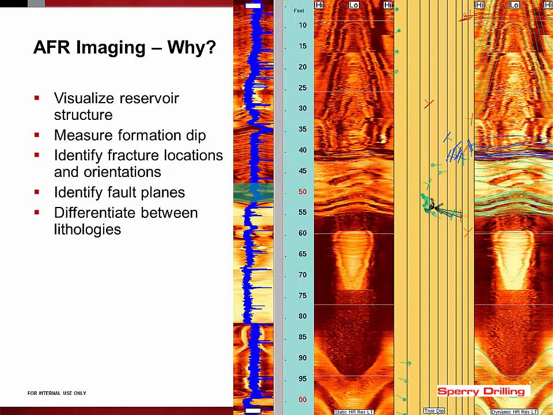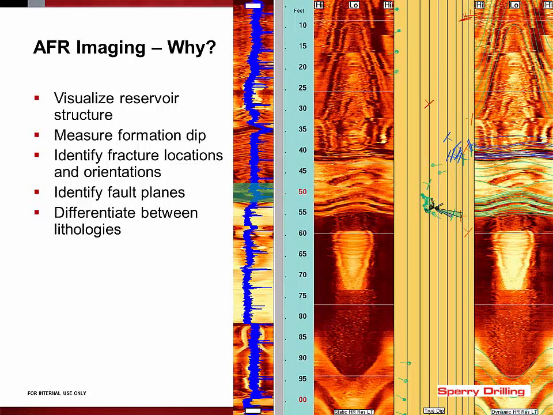We can differentiate between lithologies. When I say that, I mean differentiate between them simply by the way they look on a log. You can obviously use conventional logs to differentiate between lithologies, but with imaging, it's a much more qualitative thing.